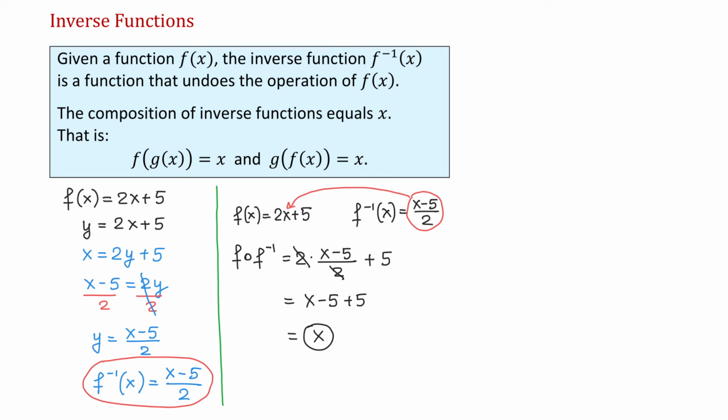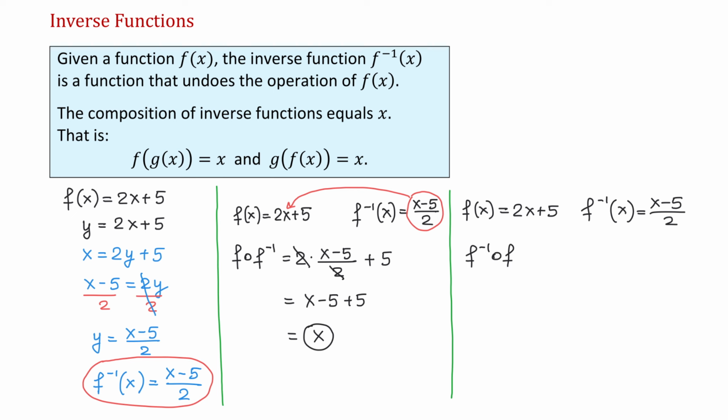But now let's also check if the composition of f inverse and f is also x. So again, the initial function f of x is 2x plus 5, and the f inverse is x minus 5 over 2. And now we need the composition of f inverse, then f.